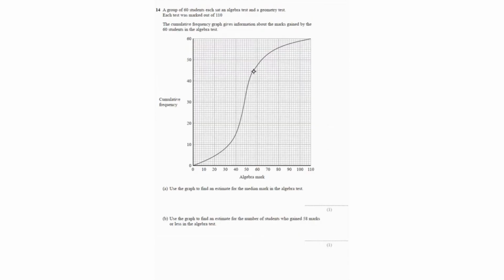So the 45th value is this one, and then the 15th value, that's this.